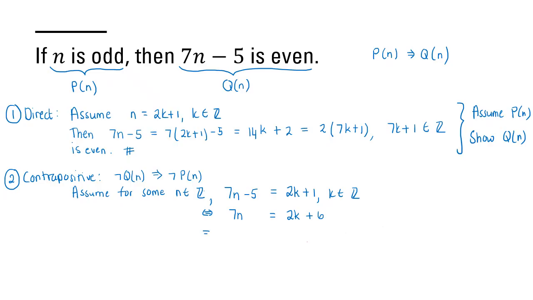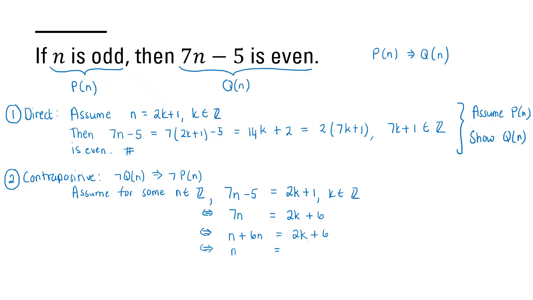What I'm going to do over here is take the 7n and write it as n plus 6n. This is still equal to 7n, and this is still equal to 2k plus 6. What I can do now is take one of the n's and solve the equation for that one.